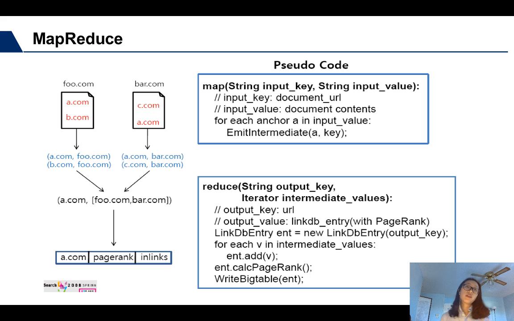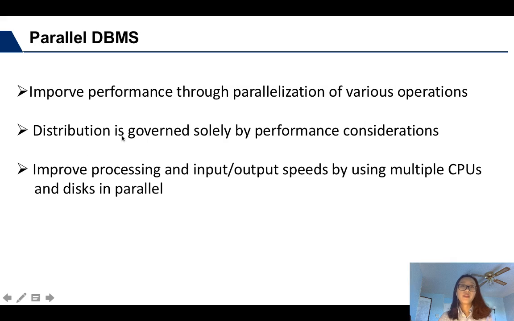The paper also gave us some small examples of MapReduce, how the map works and how the reduce works. And the parallel DBMS, as we are all familiar with, seeks to improve performance through parallelization of various operations, such as data loading, indexing, and query evaluation.